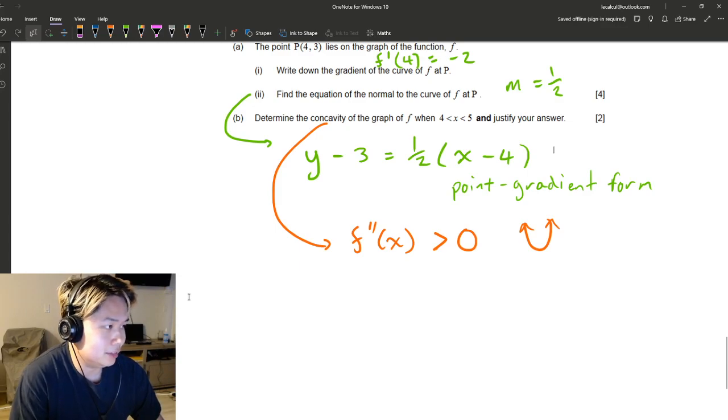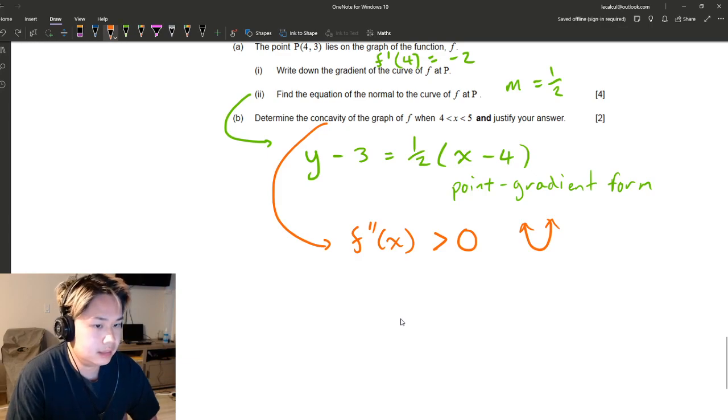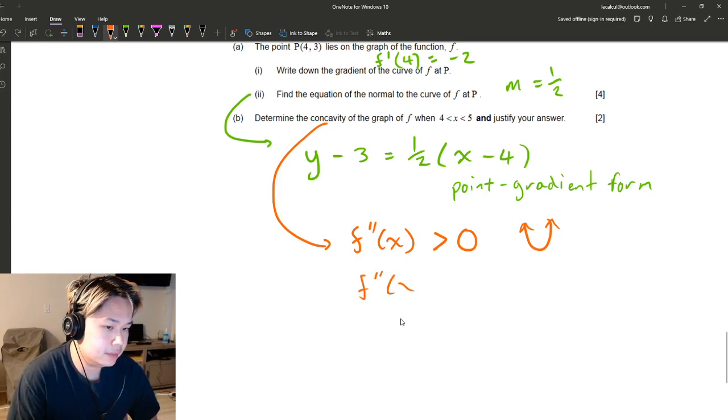But I don't know. This is fine. And then what was I saying? And then if it's negative, you know that at that point it should be concave down.